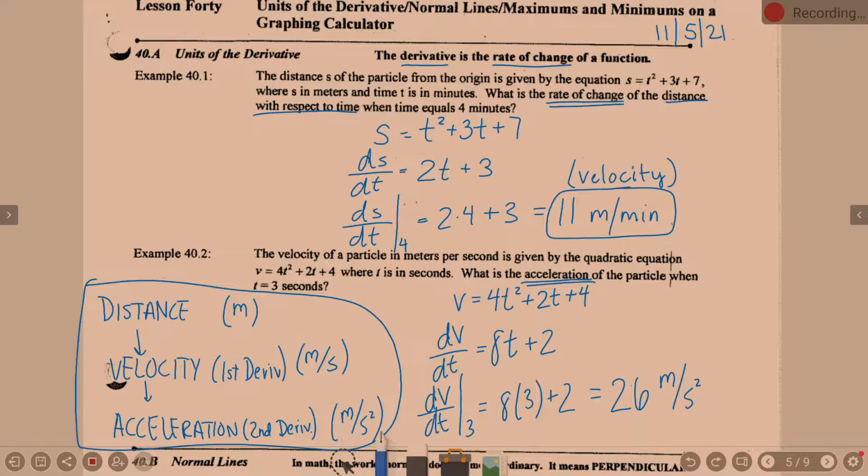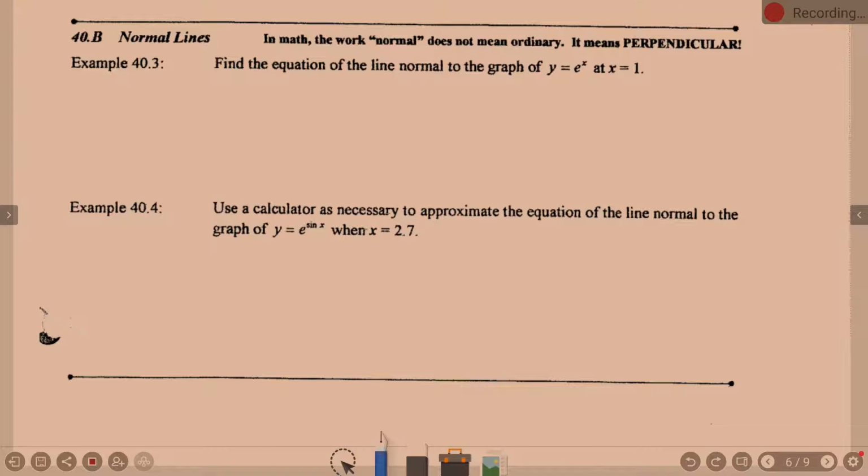I don't like that form, but that's technically equivalent, right? And this, of course, is acceleration. Okay. Units of derivative, rate of change. Thus, velocity is a good example of a derivative.